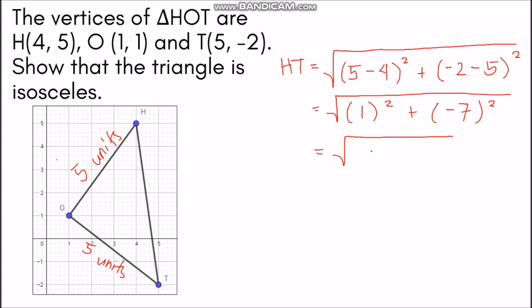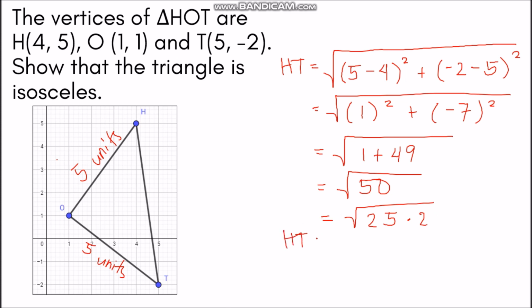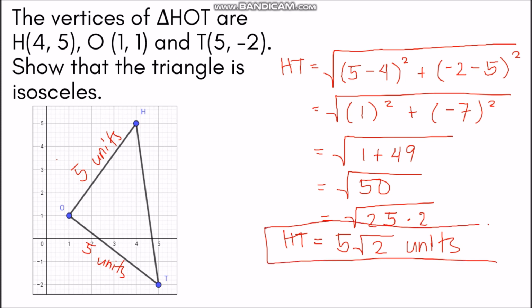Then you have 1 plus 49. Simplifying this, square root of 50. Then we can simplify this, so 25 times 2. So that makes HT equal to 5 square root of 2 units.